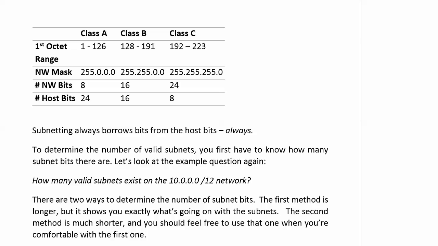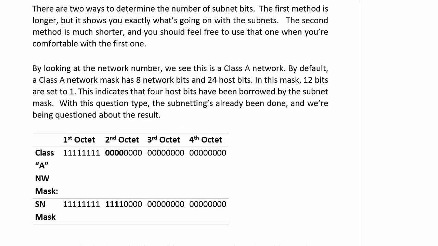So, to determine the number of valid subnets, we've got to know how many subnet bits there are. And looking at this question again, 10.0.0.0/12, we know by looking at the network number that this is a Class A network. By default, a Class A network mask has 8 network bits and 24 host bits.